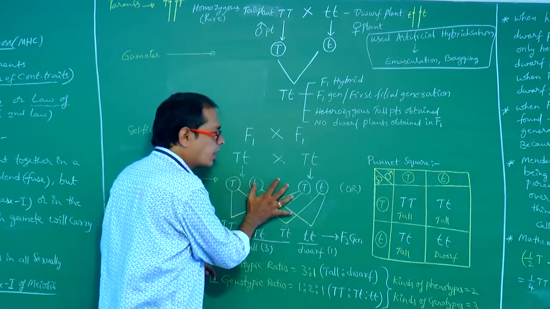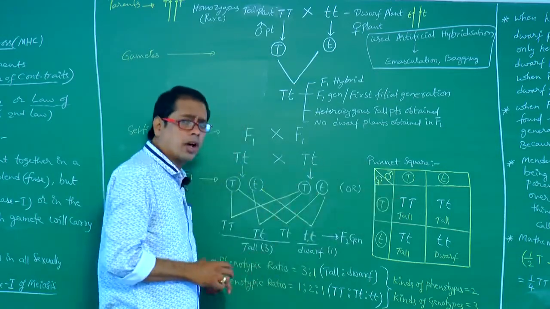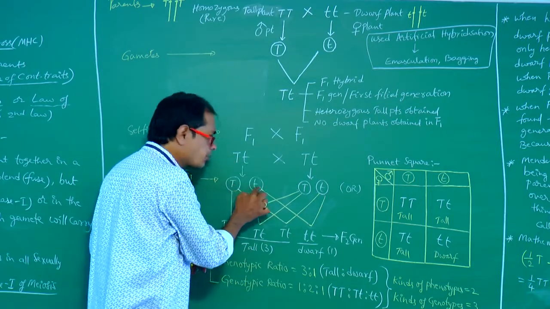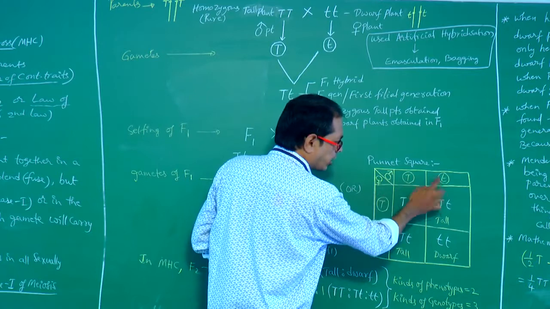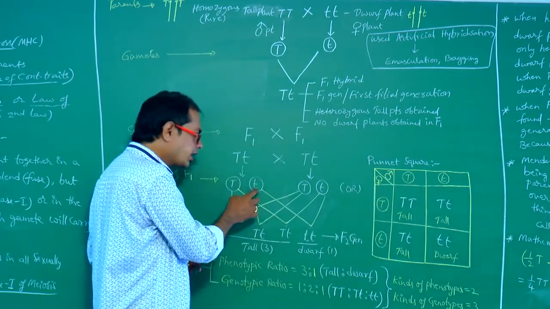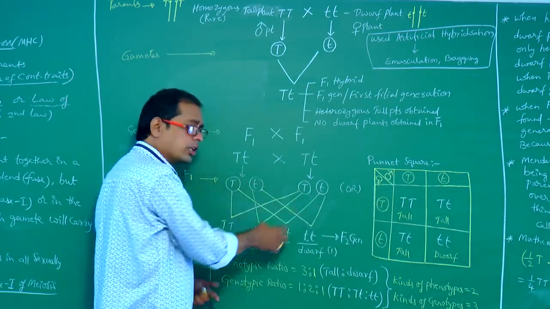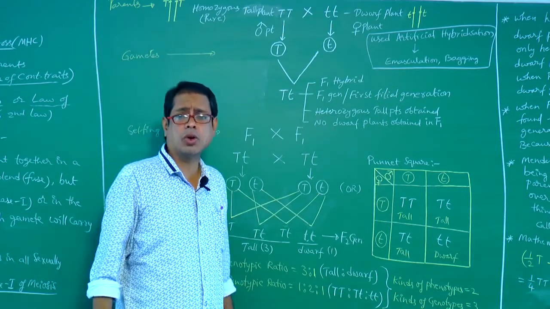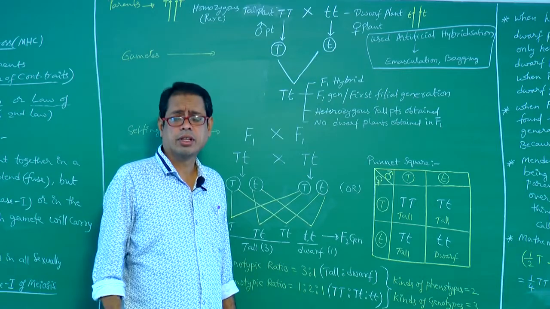This one you may follow. See, the gametes are capital T, small t, capital T, small t. Why I have written that inside the circles: the gametes are present inside the circles. It is a rule in genetics.